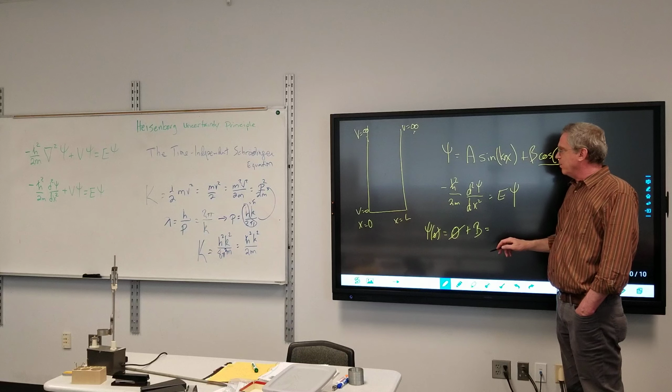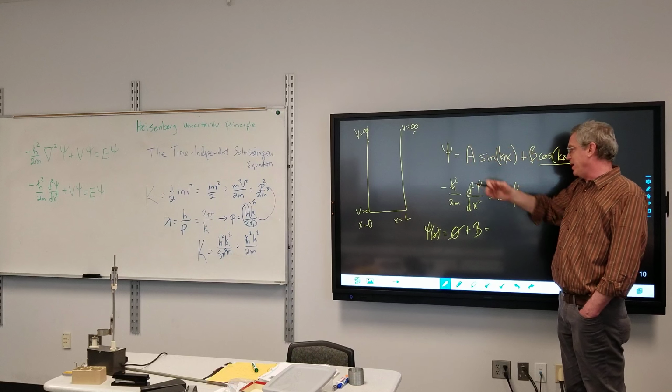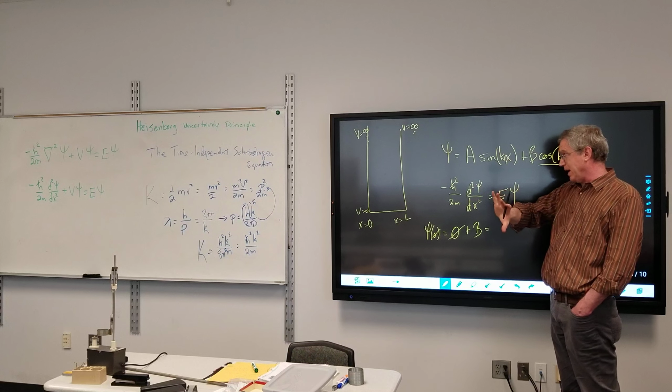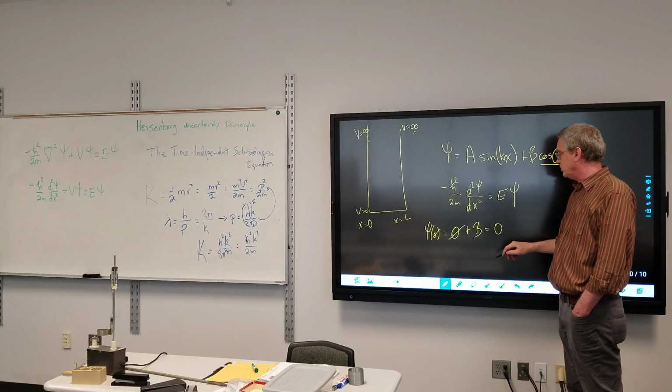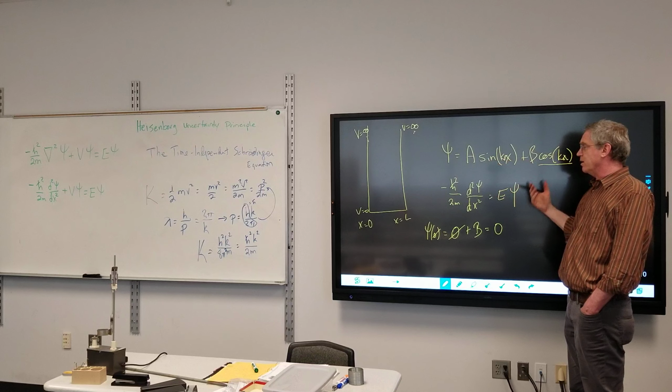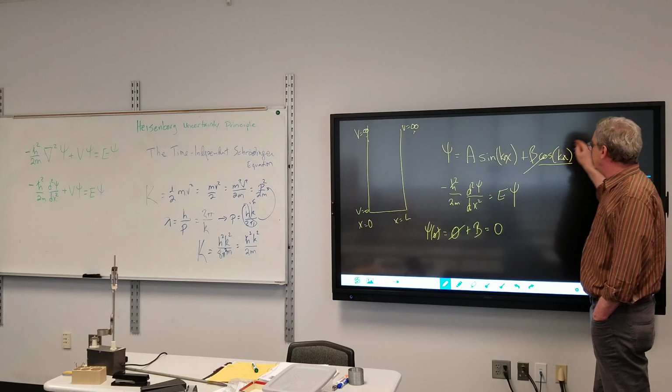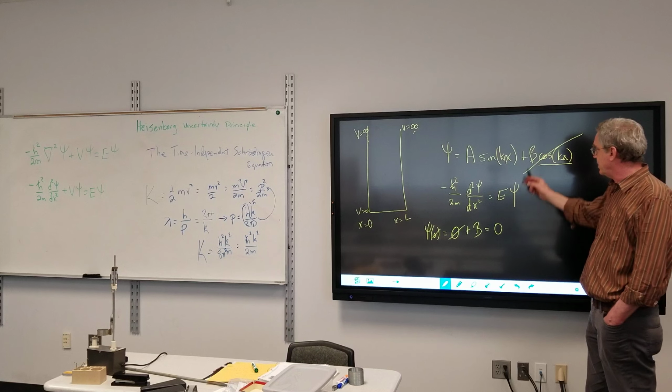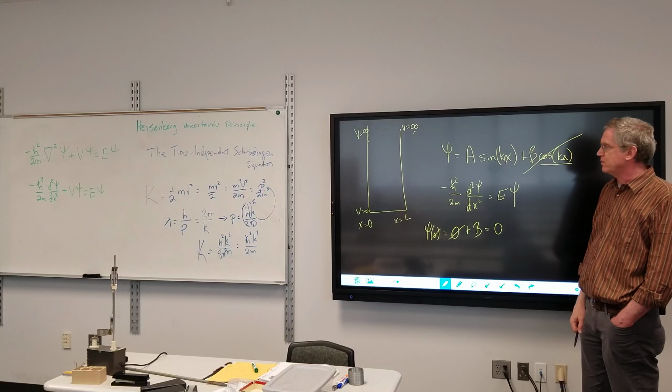And I know that the wave function can't exist at this infinite boundary. It can exist just side of it, but it can't actually exist there, so that's equal to 0. So immediately we carve out the generic all-purpose equation and see that this term right here goes away, because that coefficient has to be 0 to satisfy the boundary condition.